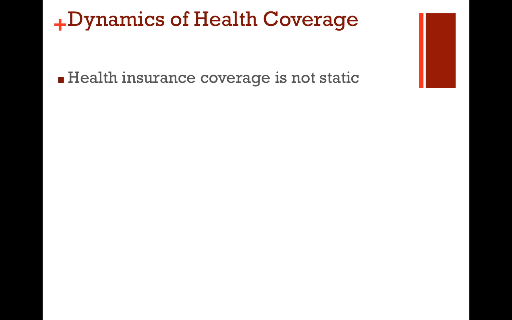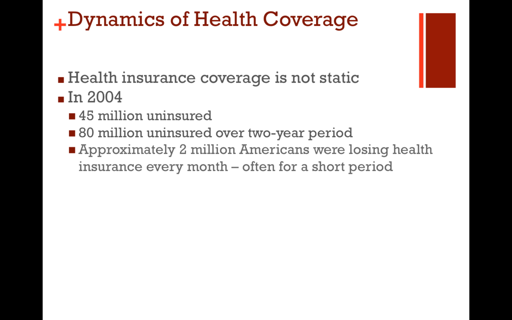Some dynamics of health insurance coverage is that health insurance is not static, and that means that it can change. So in 2004, for example, there were 45 million people who were uninsured.